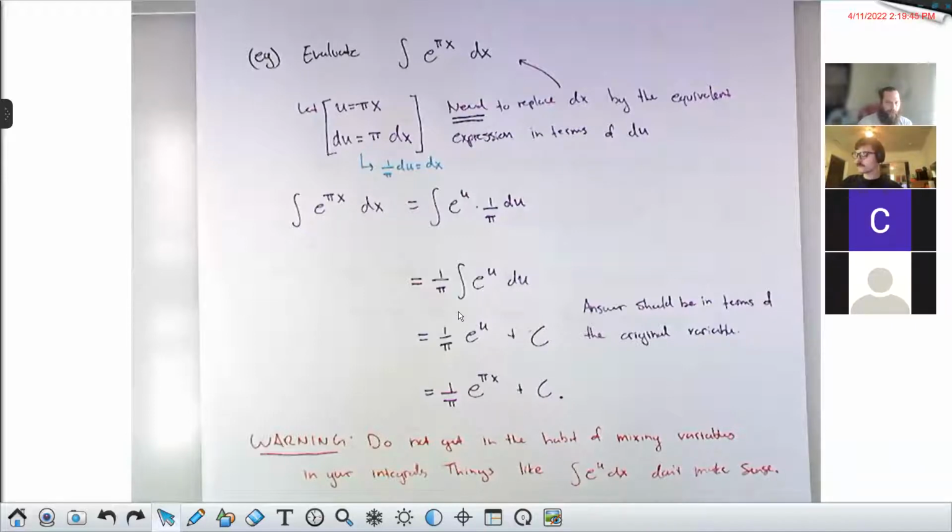So the expression I have written in red there at the bottom, the integral of e to the u dx, is total nonsense. It doesn't have any meaning. You're asking for the antiderivative of e to the u taken with respect to x, but u and x are both variables. They share dependencies, but they're not the same thing. So there's not a nice way from where we're sitting right now to make any sense of something like that.